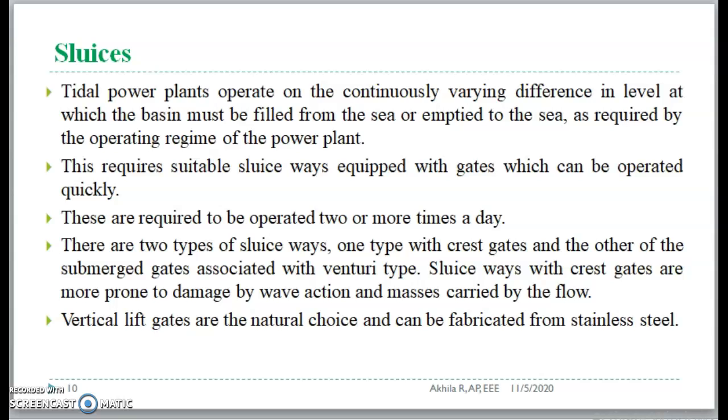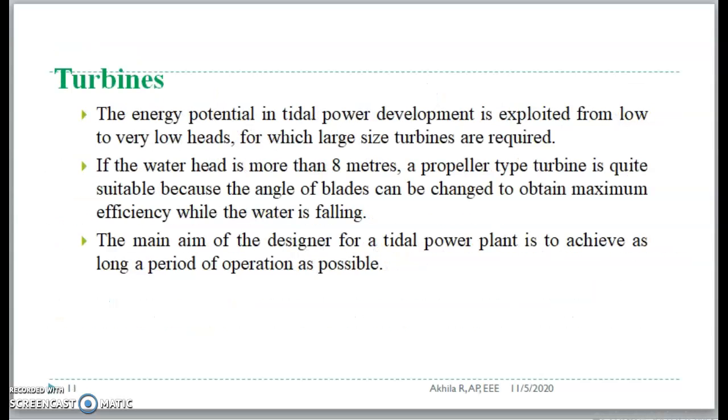This requires suitable sluice gates which can be operated quickly, and they are required to be operated 2 or more times a day. There are two types: one with crest gates and the other with submerged gates of venturi type. Crest gates are more prone to damage because of wave action and the debris carried by the flow, and vertical lift gates are the natural choice, and they are usually made from stainless steel.